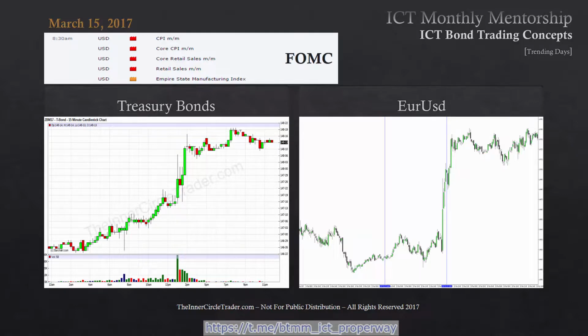When the bond market was looking to trade aggressively lower or expansion move lower from a premium array on the daily chart, you're going to see the opposite, where the bond market is declining, which means the interest rates are increasing, which is going to cause the dollar to rally and foreign currencies to decline.